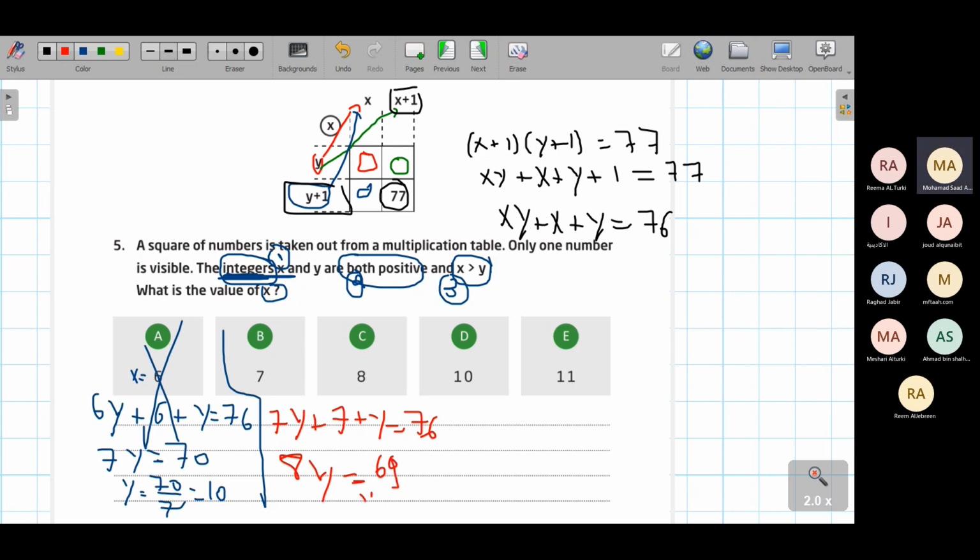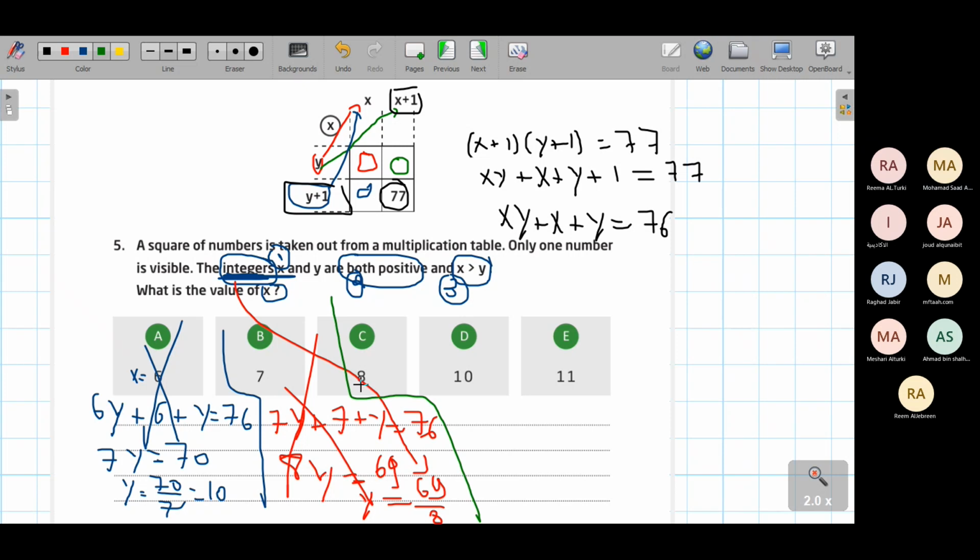So y will be equal to 69 over 8. Of course, this is very important: 69 over 8 is not an integer. So the number 7 is also not our right answer. I will move to the number 8.